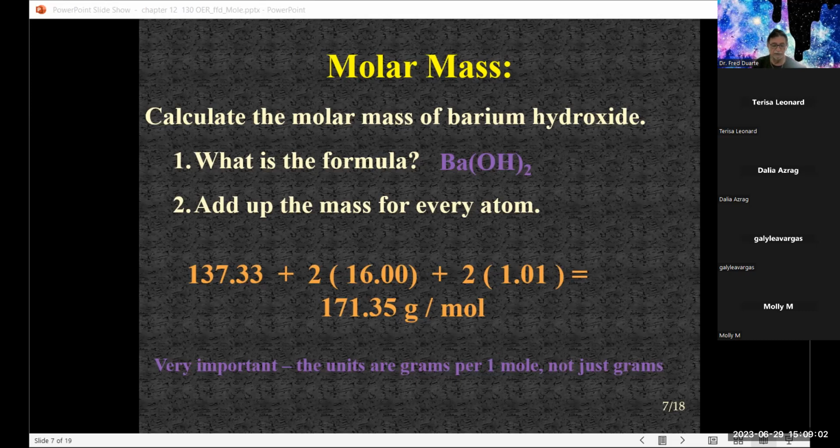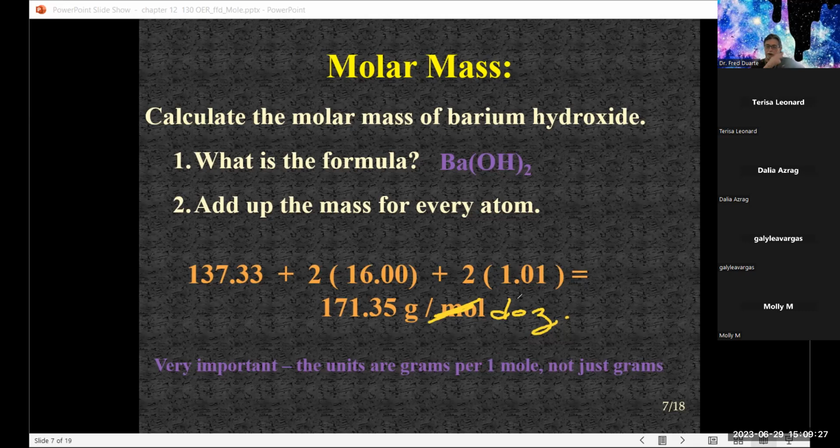Okay, let me ask it this way. What if instead of the term mole, we used the term dozen? And so its molar mass is 171.35 grams per dozen.